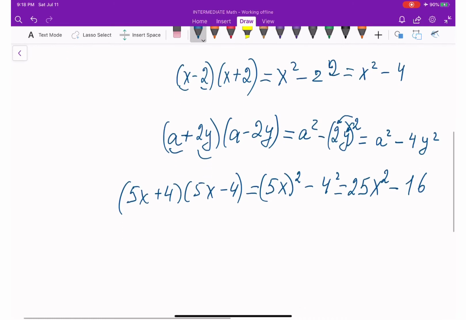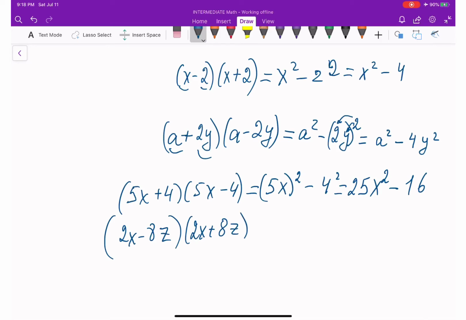2x minus 8z and then 2x plus 8z. So what do we get? 2x squared minus 8z squared. 2x squared is going to be 2 squared, which is 4, x squared is going to be x squared, minus 8 squared is going to be 64, and then z squared is going to be z squared.